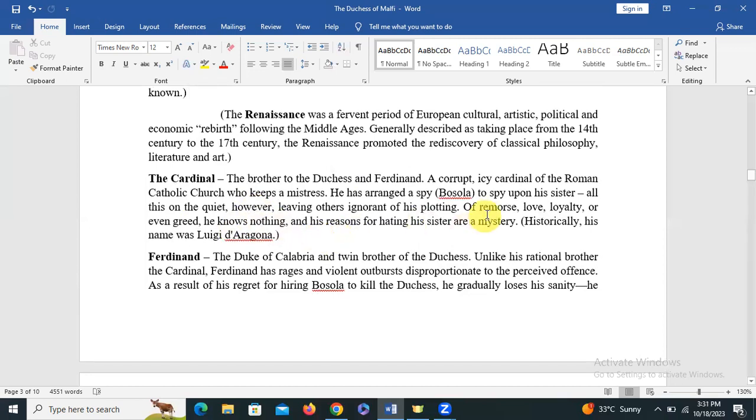Okay. So, of remorse, love, loyalty, and even greed, he knows nothing, and his reasons for hating his sister are a mystery. It is said that throughout the drama, we are unable to find the reasons for hating his sister. Then I've also written the historical note.